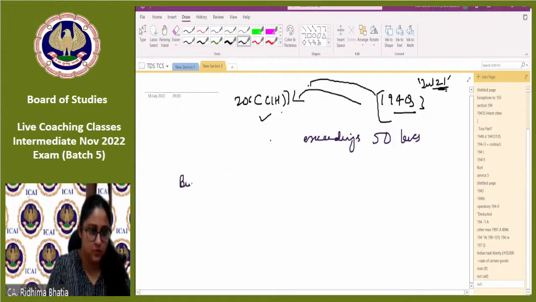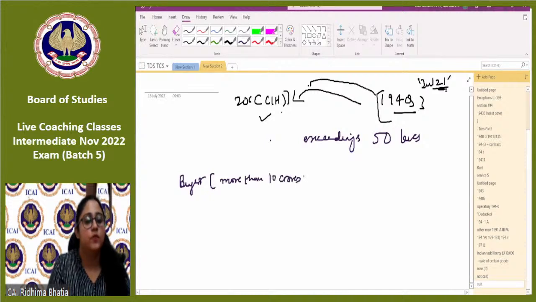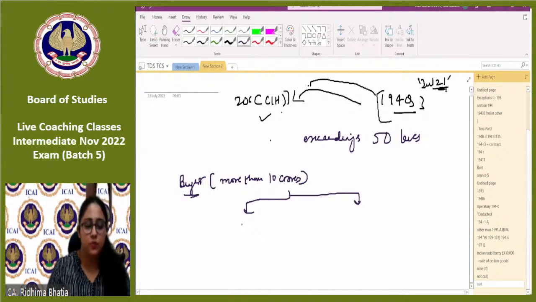If you are the buyer with a turnover of more than 10 crore in the preceding financial year. First of all, the trigger happens of a turnover more than 10 crore in the preceding financial year. Simple, आप कभी भी सेल परचेज कर रहे हो and think yourself as a buyer with turnover more than 10 crore in the preceding financial year, then you have to see one thing.